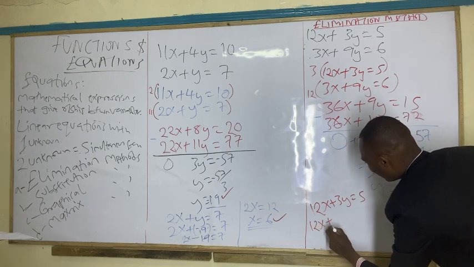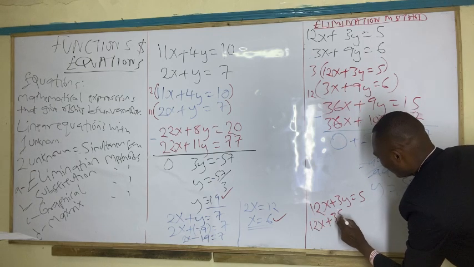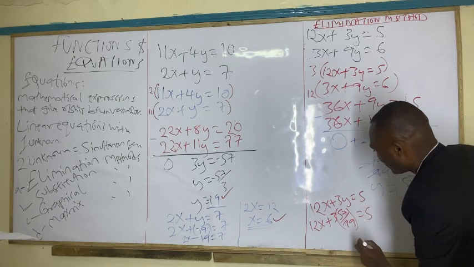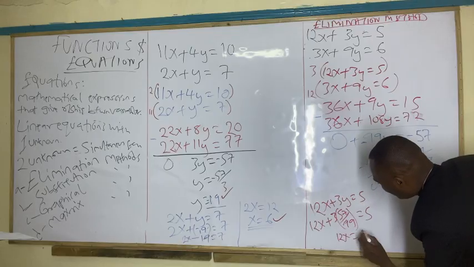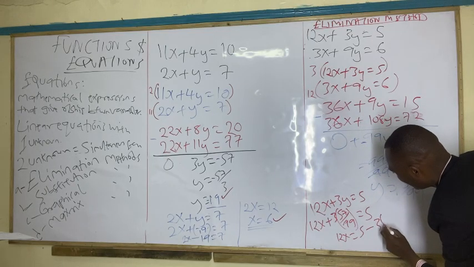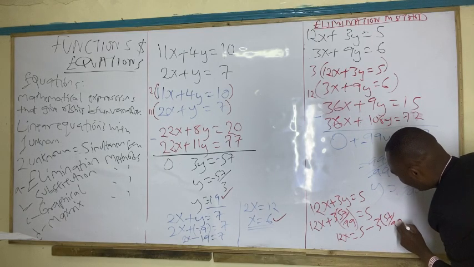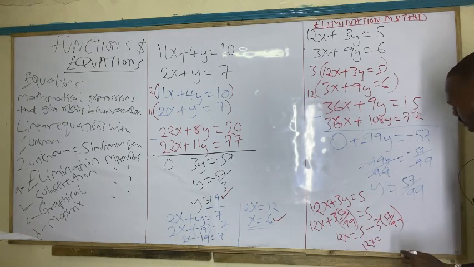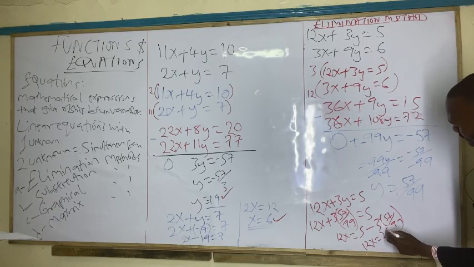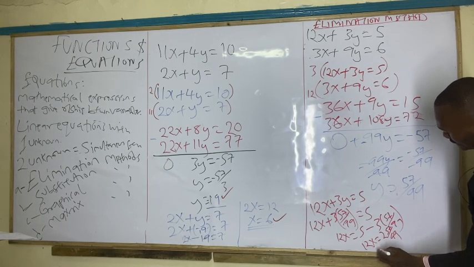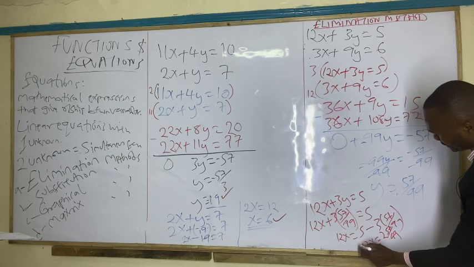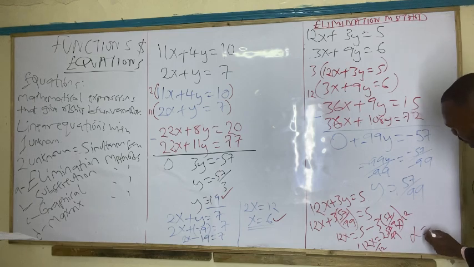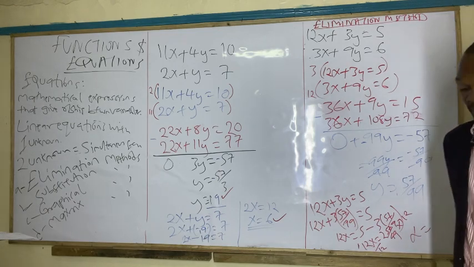Therefore 12x plus 3 into 57 over 99 is equals to 5. Therefore 12x is equals to 5 minus 3 times 57 over 99. Therefore 12x divided by 12, so x is equals to this number. That's how we do it.